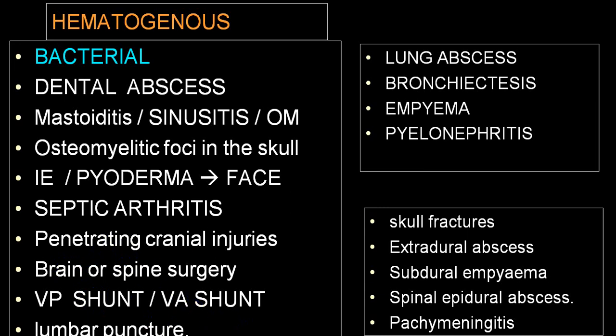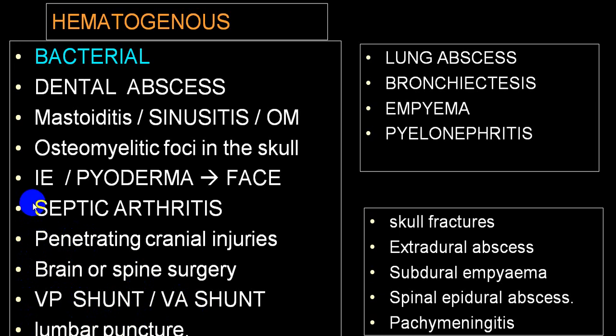All this, VP shunt, VA shunt, lumbar puncture, spine surgery, brain surgery, penetrating injury will introduce organisms from outside. And this will be iatrogenic. This last four group will be iatrogenic.